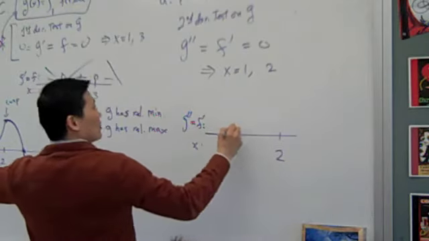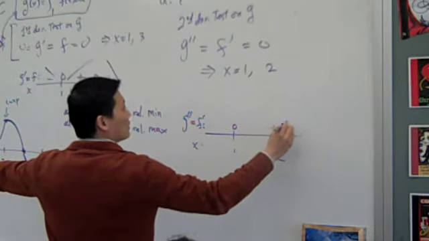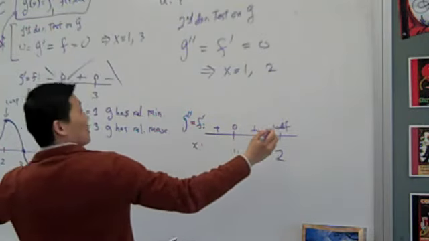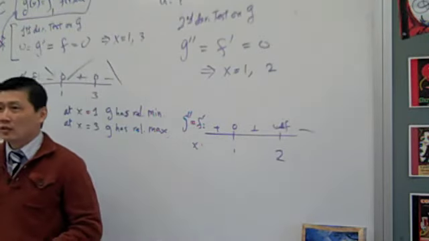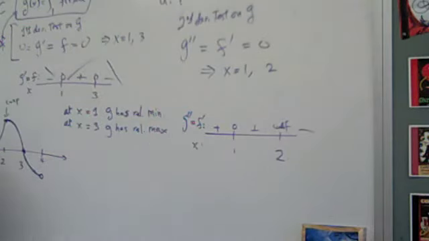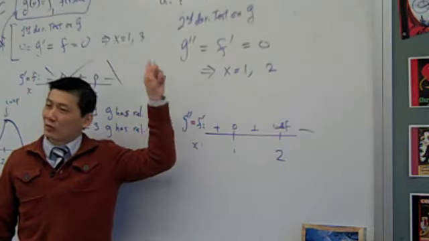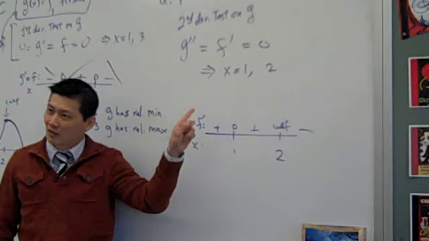And we got 0 for here, undefined for that. And we got positive, positive, and negative. You see, the signs are exactly the same as part A, where you have first derivative test on f, but in this case, first derivative test on f is second derivative test on g.